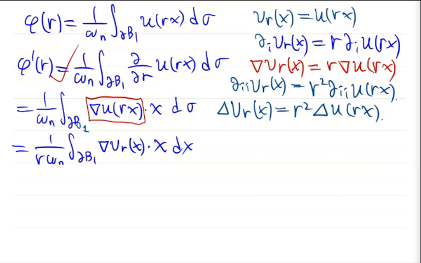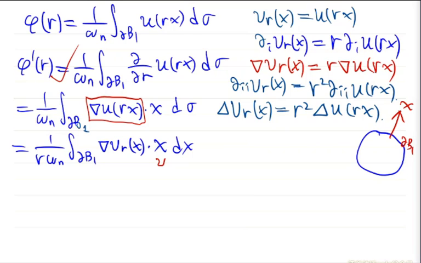Then we can apply the divergence theorem, because on the unit sphere, x is precisely the outward normal vector on the surface. The norm of x is 1, and the direction of x is the normal direction at the point x on the unit sphere. So this can be considered as the outward normal vector.